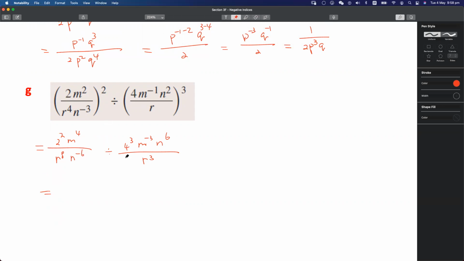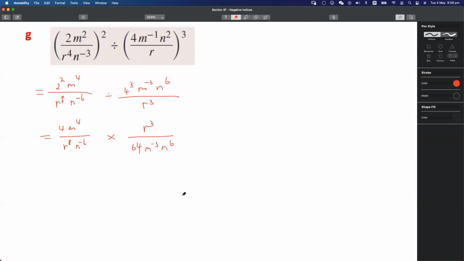Now, before simplifying, dividing by a fraction, we multiply by its reciprocal. 2 squared, which is 4, 4m to the power of 4 over r to the power of 8, n to the power of -6, times, so you flip it, r to the power of 3 over 4 cubed, which is 64, m to the power of -3, n to the power of 6.